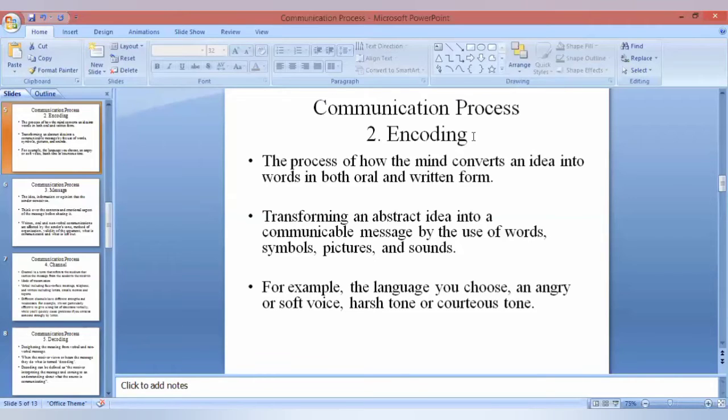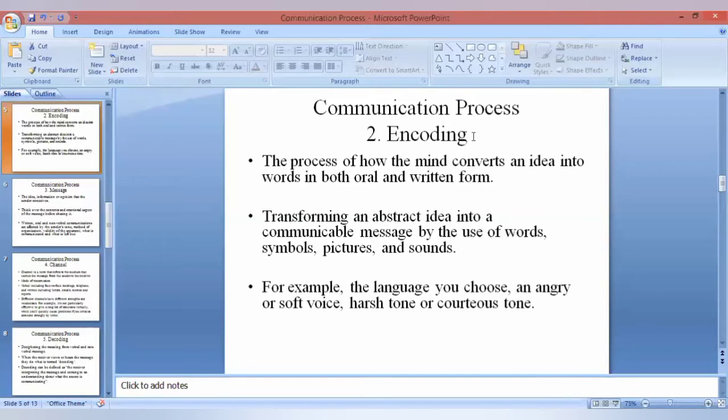This is how you give another shape to the idea that you have in the form of words. An angry or soft voice, a harsh tone or courteous tone, these are also part of encoding. When you are encoding a message, remember that not only your words, but also your voice and your tone, if it is oral communication, become part of the encoding process.